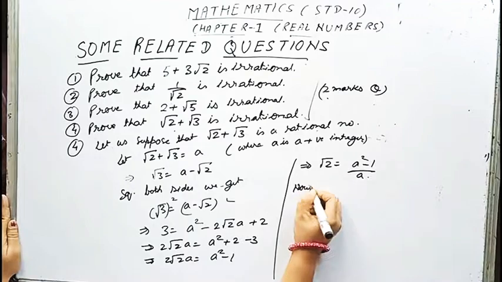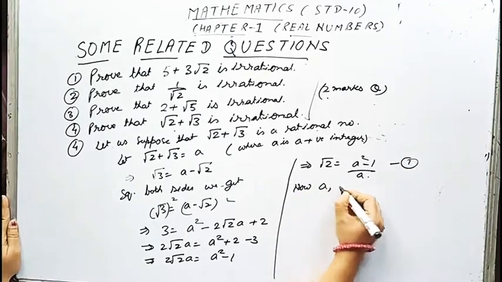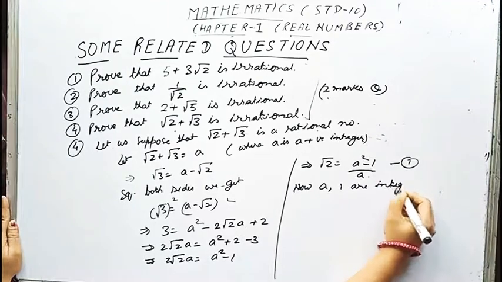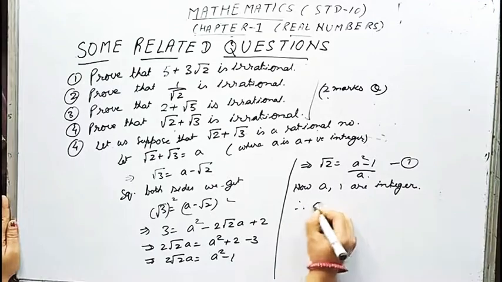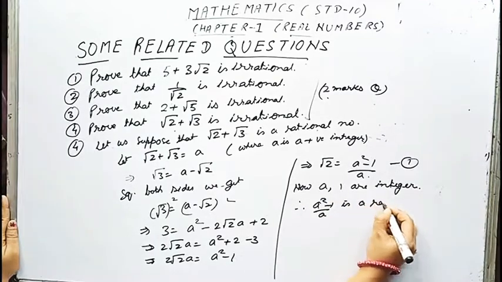Now, a and 1 are integers, therefore a square minus 1 by 2a is a rational number.